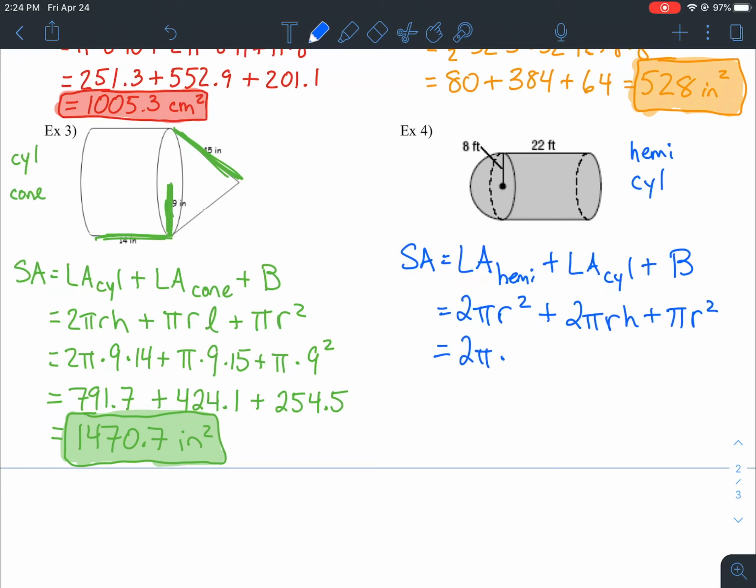Now we fill in what we know. 2 pi times r, which we see is 8 squared, plus 2 pi times r is still 8, times the height of the cylinder is 22, plus pi times the radius again, 8 squared.